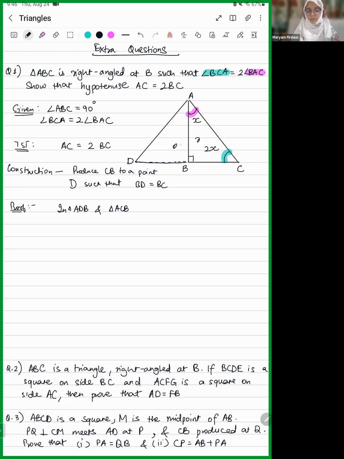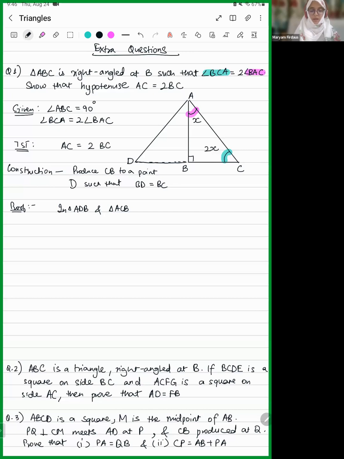And if these two triangles are congruent, then this angle will be equal to x. And if this angle is equal to x, then this entire angle will be equal to 2x. Okay, so from there we will go on. I don't want to confuse you right now.